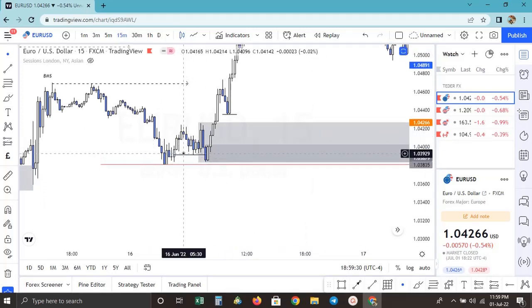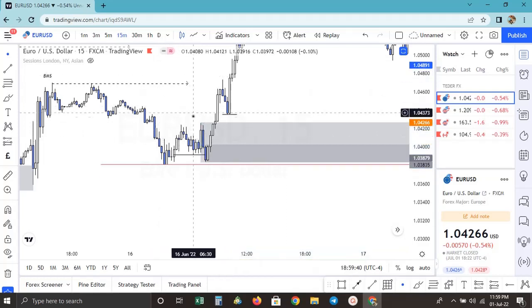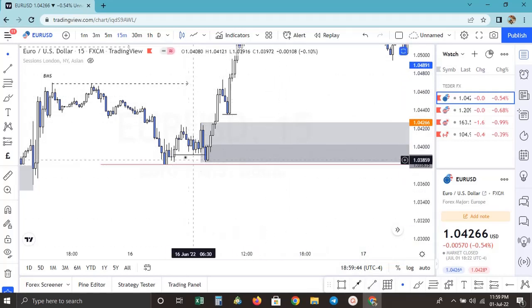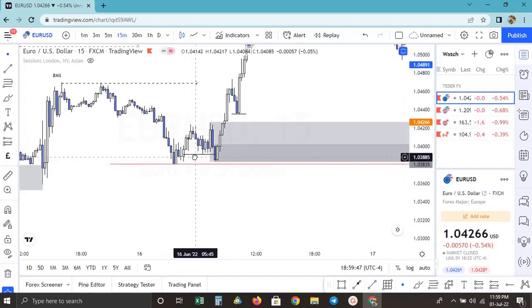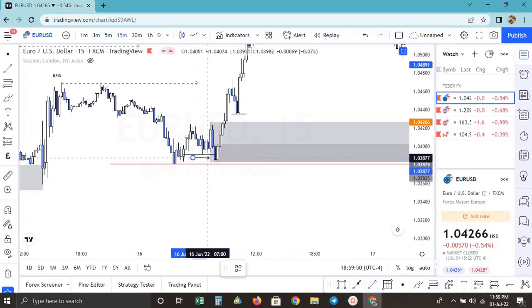We smart money traders, when we see this kind of information, we know that probably the financial institutions are about to come into the market. So what happened, family? Probably if you trade support and resistance, your stop loss will be here, right? If you are buying from this support, your stop loss will be here.